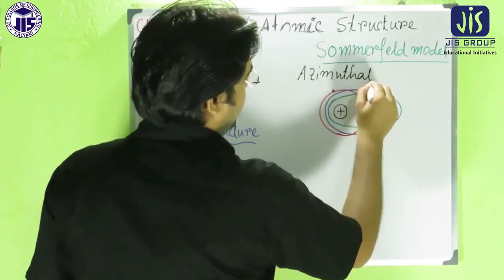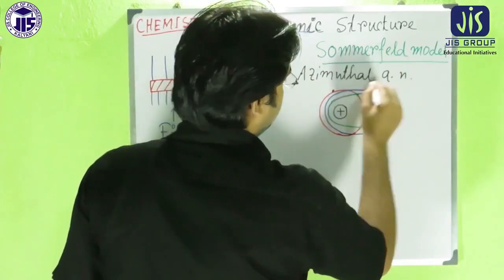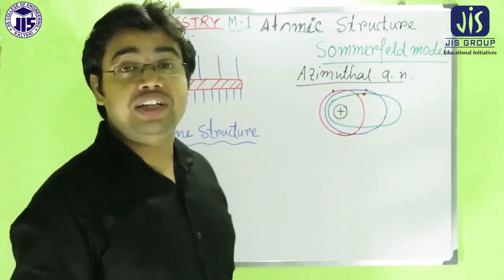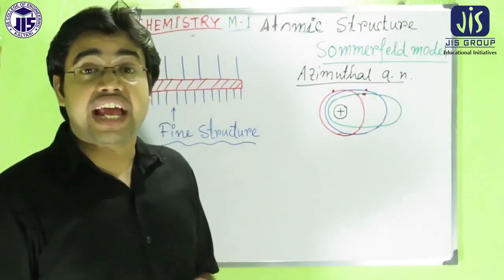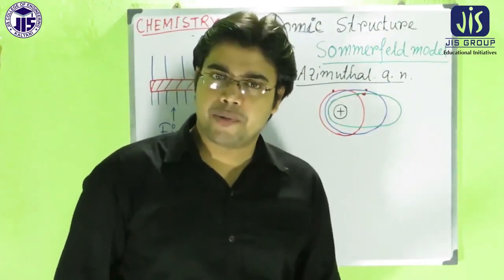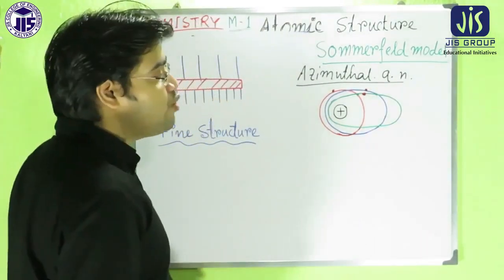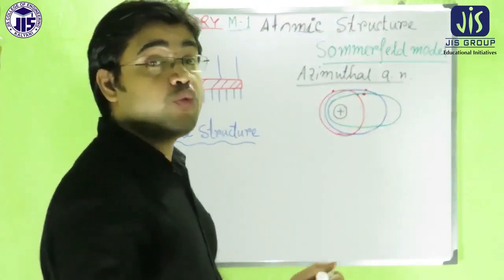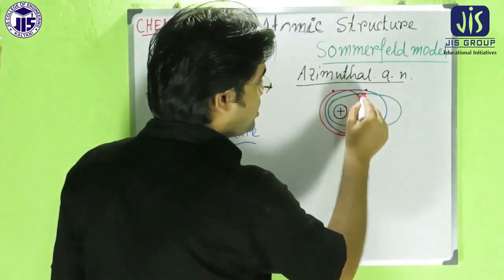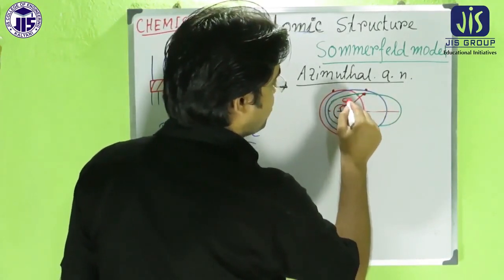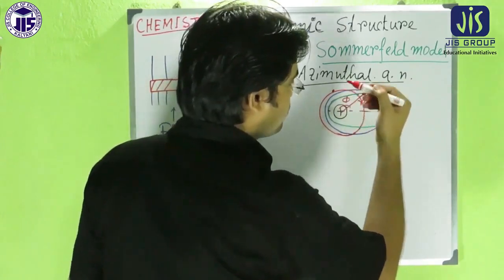Azimuthal quantum number. Why? Because by this azimuthal quantum number, Sommerfeld explained the existence of sub-energy levels. According to Sommerfeld, the nucleus exists at the focus of the ellipse, and there are two parameters which are changing: the angle, phi, and the distance, the radius.